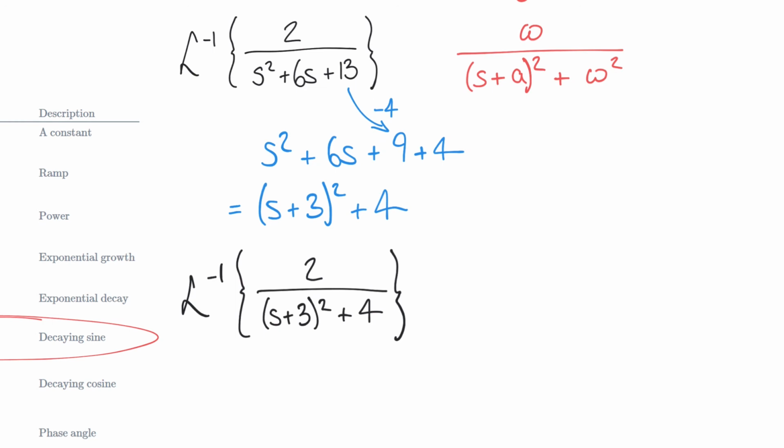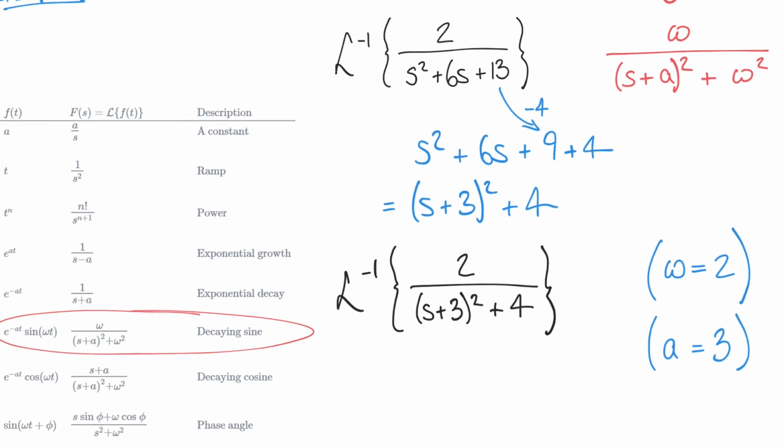And looking back at our form of the decaying sine function in the s domain, we now have omega seems to be equal to 2, because we have omega squared on the bottom, and that corresponds with 4, and omega on the top corresponding with 2. And our a term, enclosed in this squared bracket here, is going to be 3.